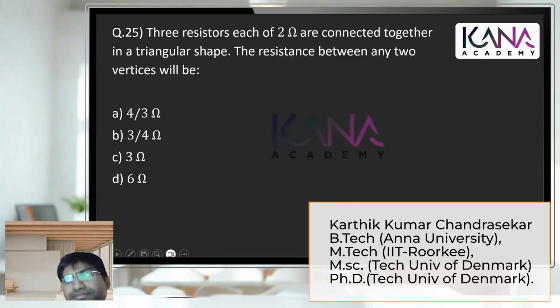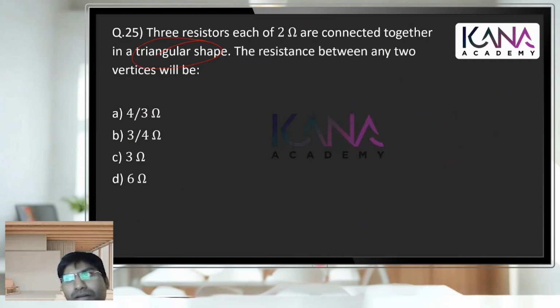Another question. There are three resistors in a triangular shape. Let's say it will be like this, for example.